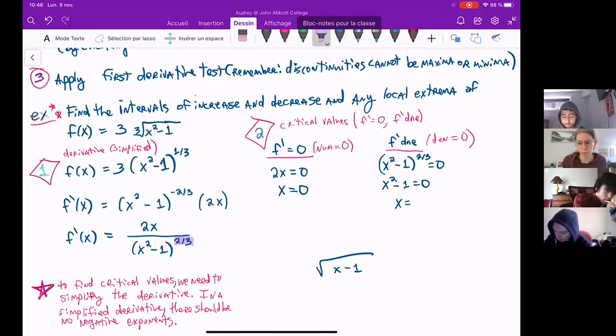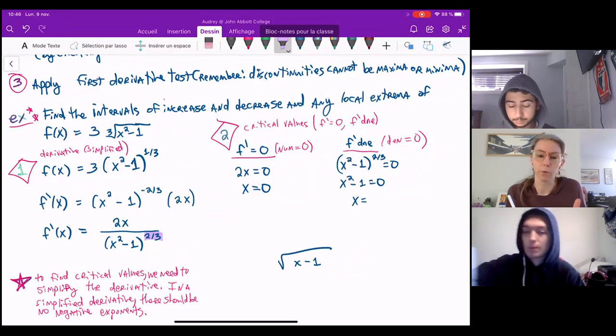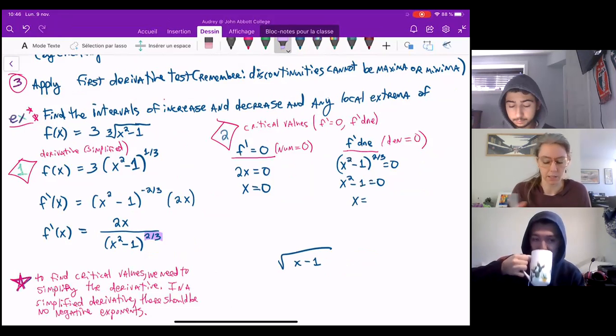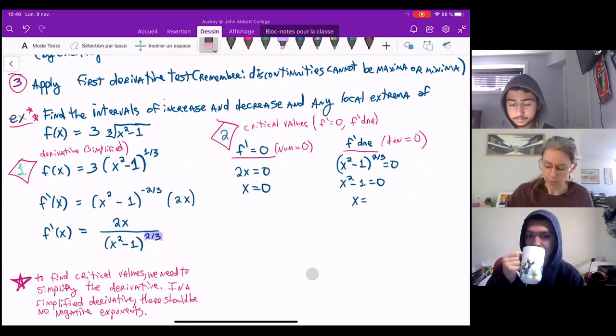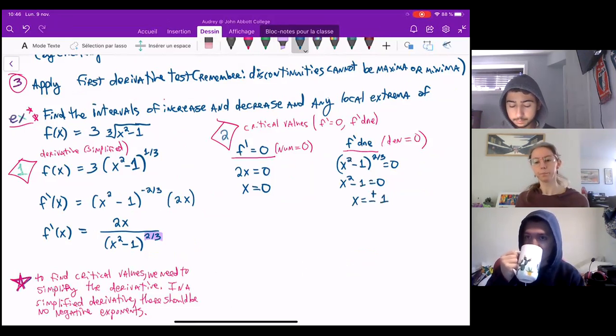So it's a cubed root and not a square root. And so the cubed root of a negative number does exist. So the problem would be if we had a square root and not a cubed root. Does that make sense? And does that answer your question? Okay, so this gives me x is equal, thank you, Alex, to positive and negative 1.